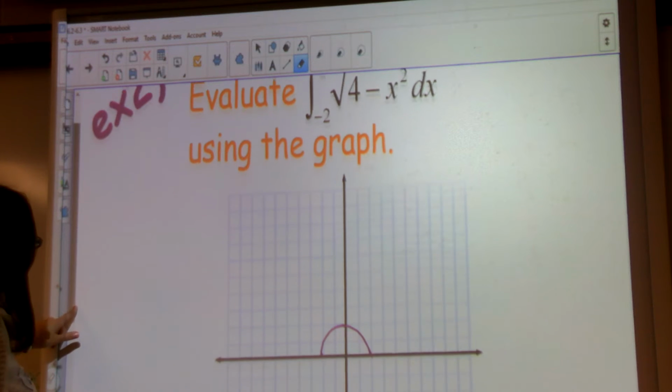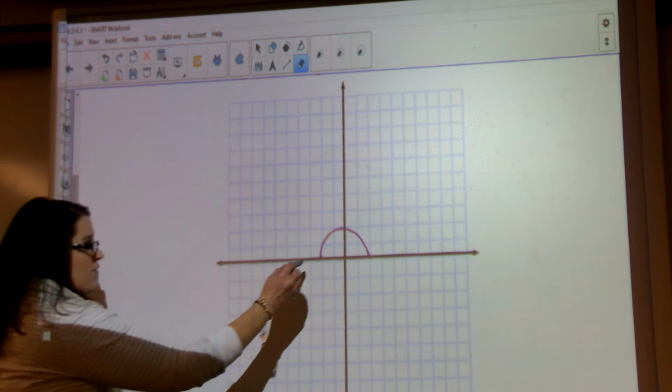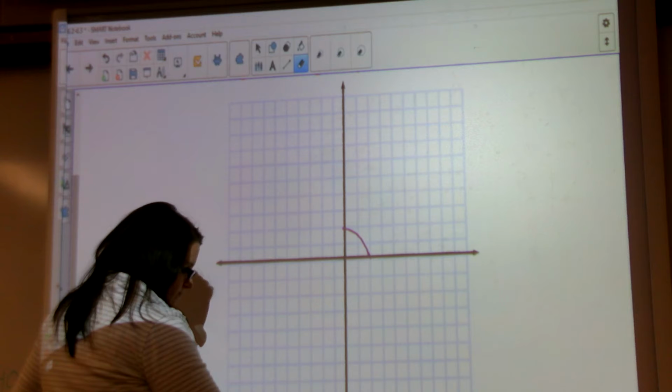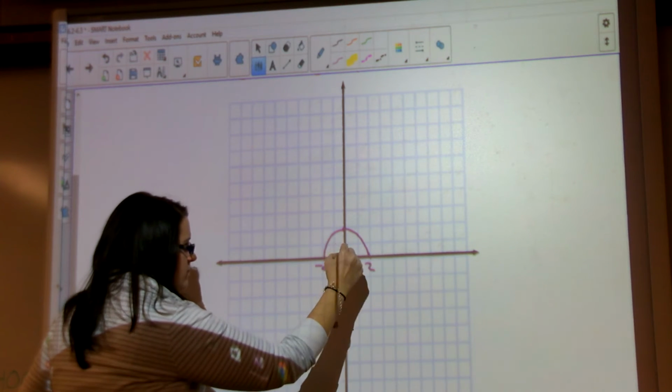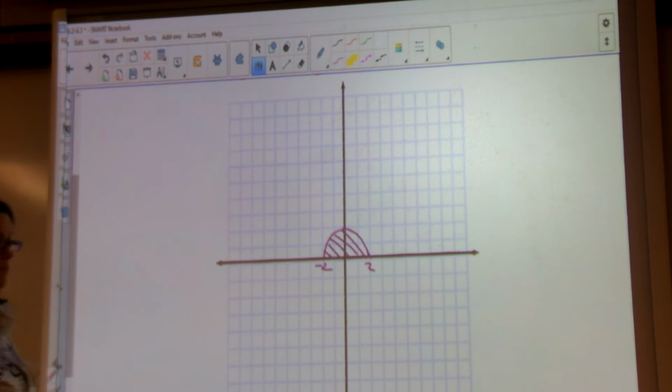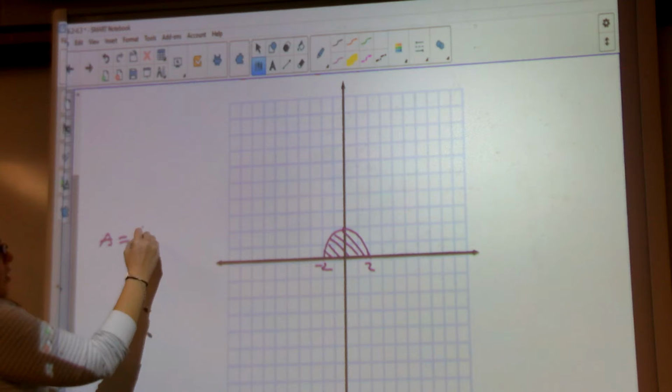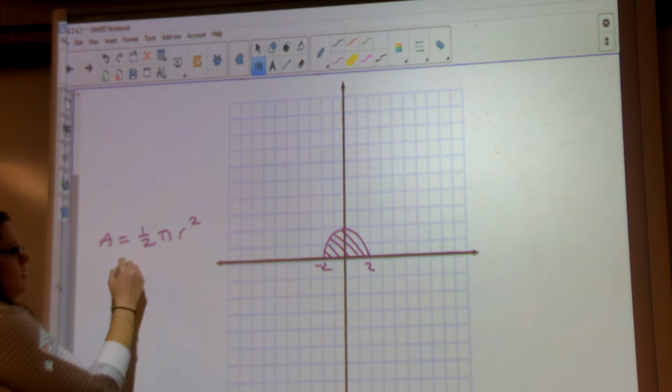But here, we're going to use geometry, going from negative 2 to 2. It's half a circle, so my area is 1/2 pi r squared.